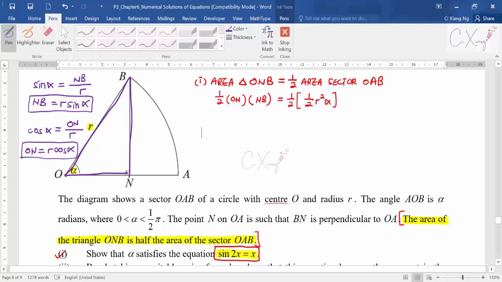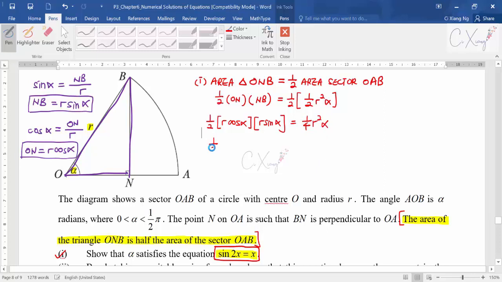From here you can see that I linked NB and ON with the variables given in our graph, which are R and alpha. I will continue from here. Half, I just copy as half. ON is R cos alpha, NB is R sin alpha, which equals 1 over 4 R squared alpha.